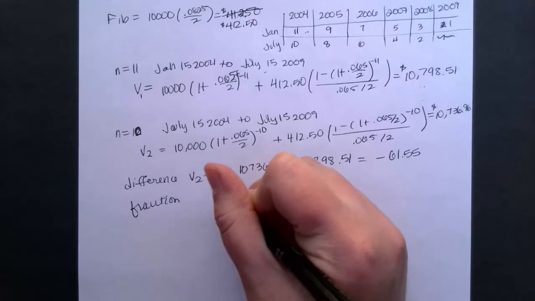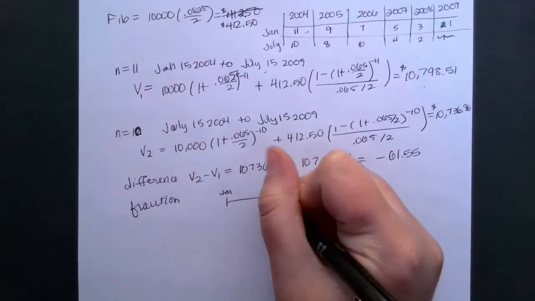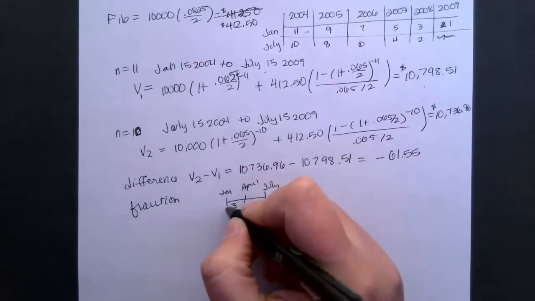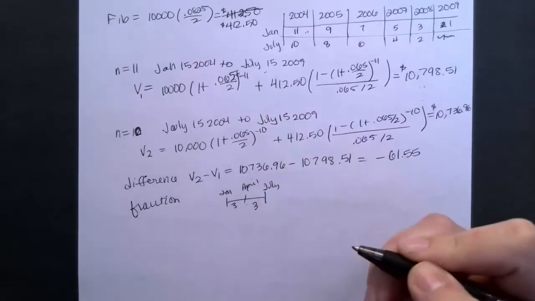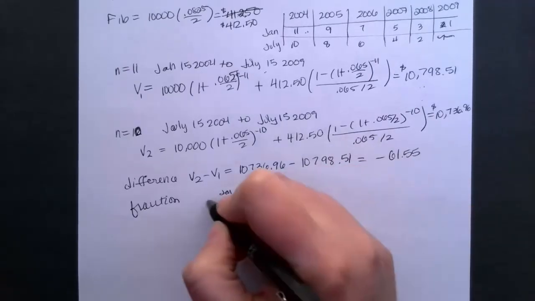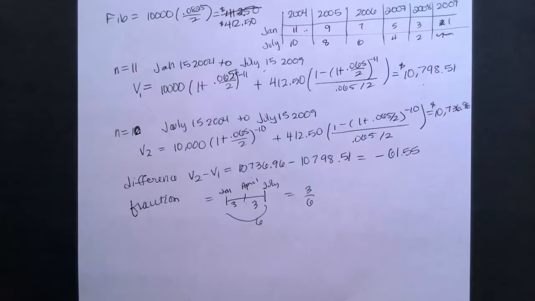Now we have January and then July, and then we have April in the middle. Okay, so it's 3 months from January to April, 3 months from April to July, for a total of 6. So our fraction is going to be 3/6. Okay, 3/6. And again, I'm looking at months because we're dealing with full months here.